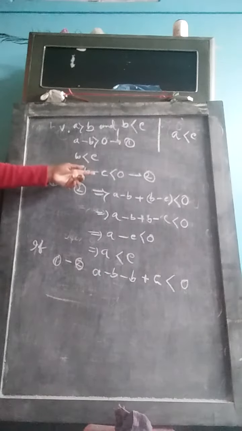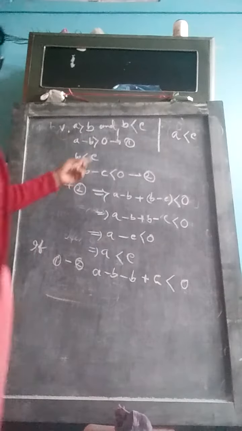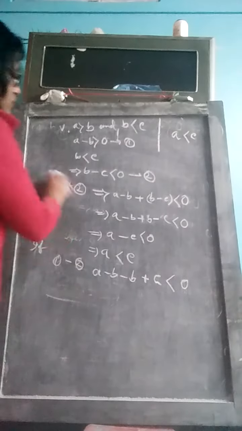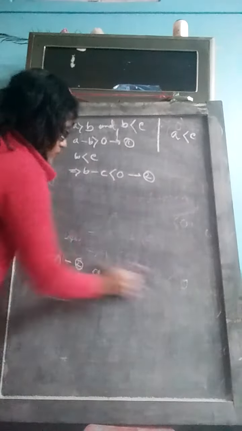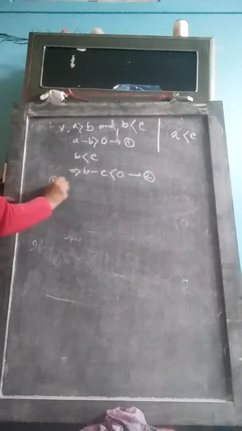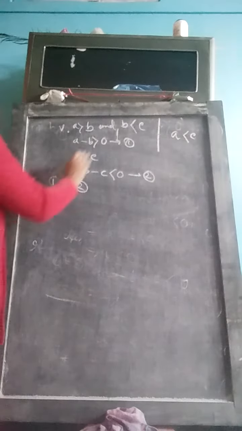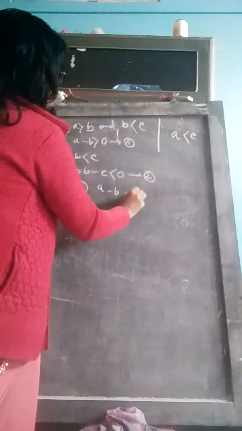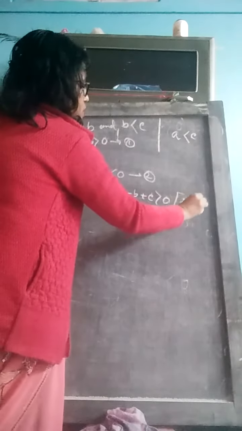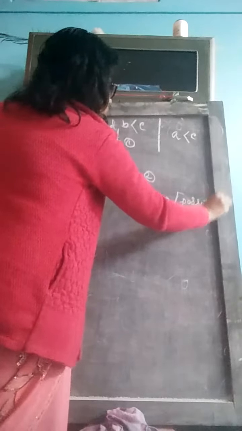Sorry students, this question is wrong. It is greater, it is less. So 1 minus 2 separately. A minus b plus c is greater than 0 if possible. That means if their difference becomes positive, so it is possible.